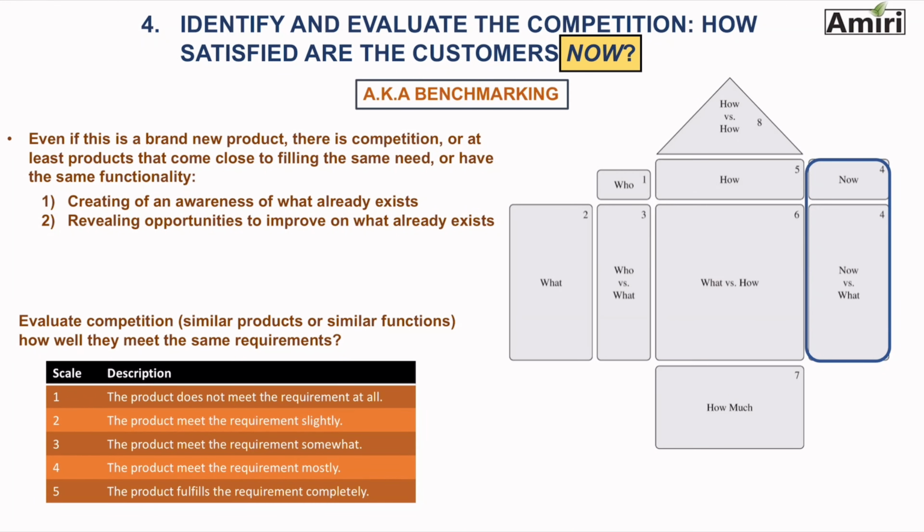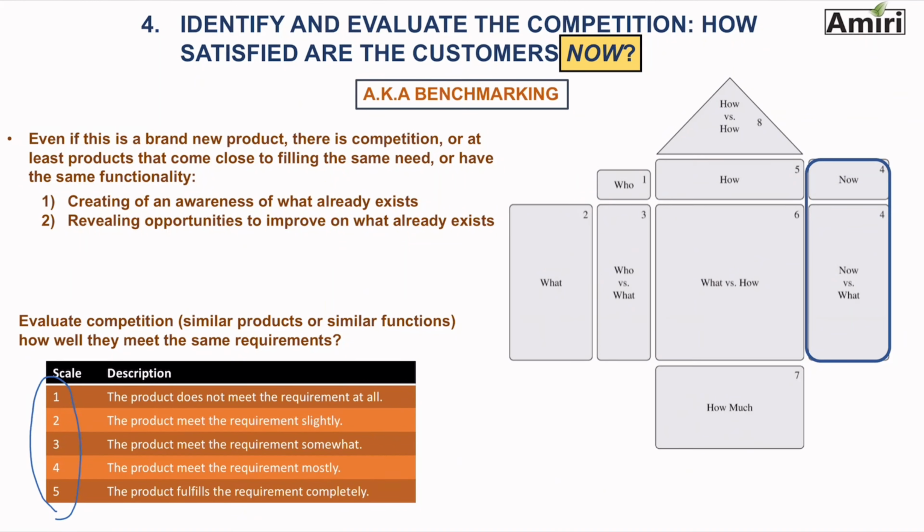So you evaluate each of those customer requirements for the current product on a scale of 1 to 5. If it doesn't meet the requirement at all, you give it a score of 1. If it completely meets that requirement, you give it a 5.